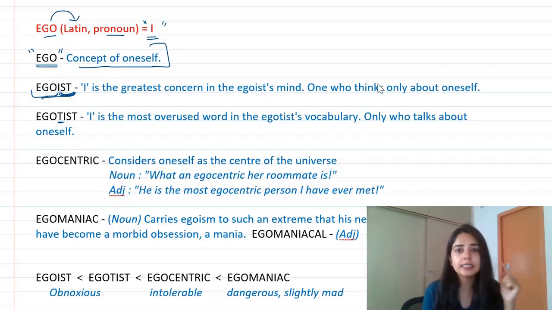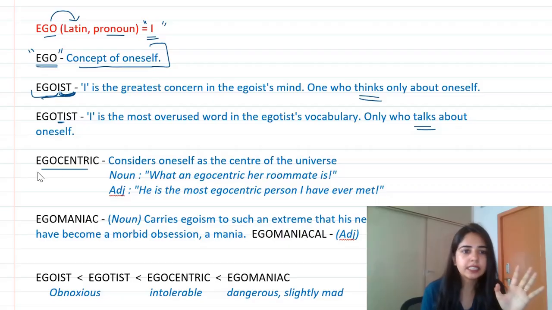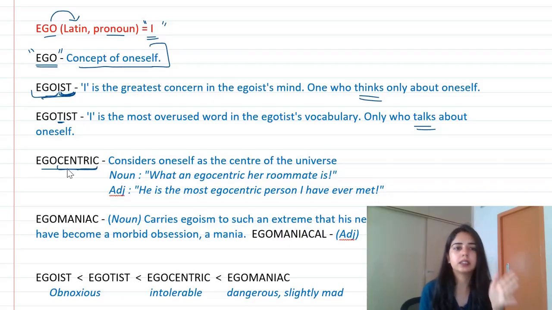An egoist only thinks about oneself, whereas if we take it to the next stage of talking, then that person becomes an egotist. Now if we increase the level of egoism, then that becomes egocentric. Considers oneself as the center of the universe. See, centric, egocentric. So you think you are the center of the universe, centric.